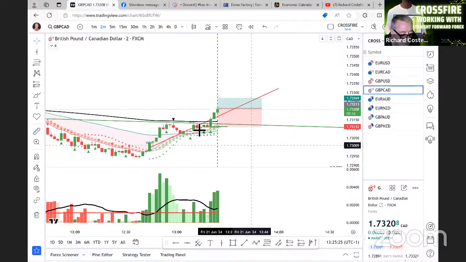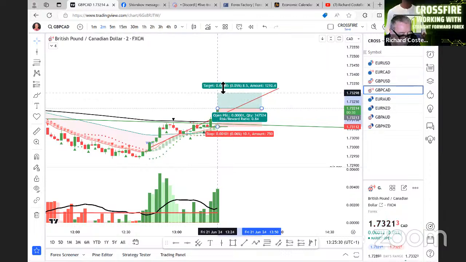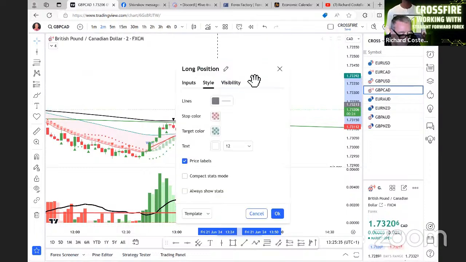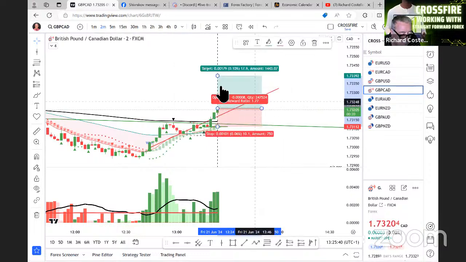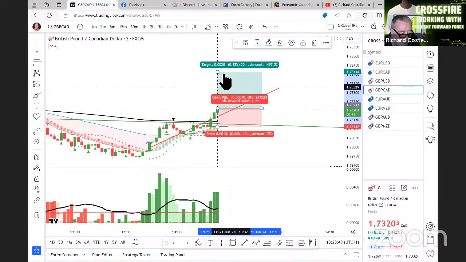Now, the sanity check that I do is I pull this up to where we've got a risk to reward of 1 to 2. So I'm looking at that figure there, 1.77. I want to increase that to 2. And there we go. I'll just move it again. That's 1.99.